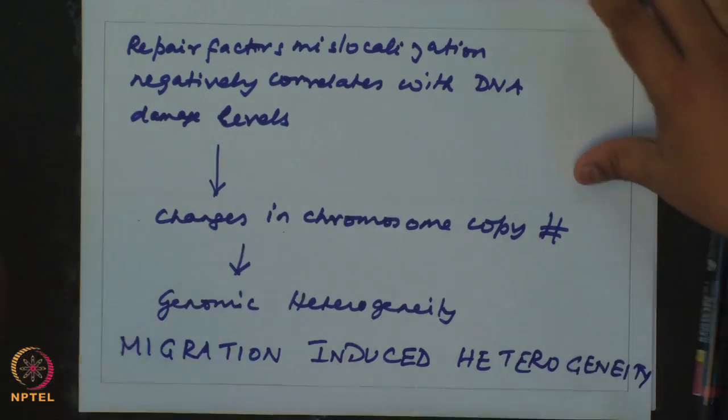So, for example, in most cancer cells there are multiple subpopulations present. So, these cells are innately heterogeneous. It is possible that physical factors like pressure can induce compressive stresses and induce heterogeneity through nuclear damage.